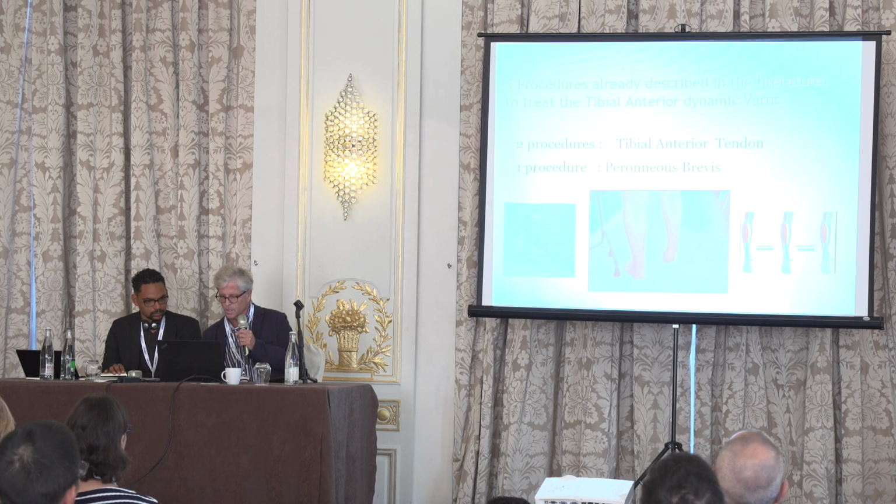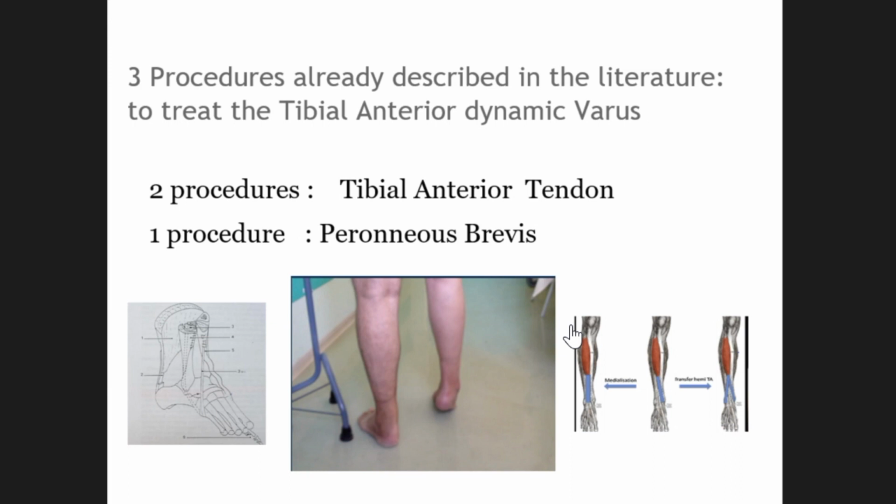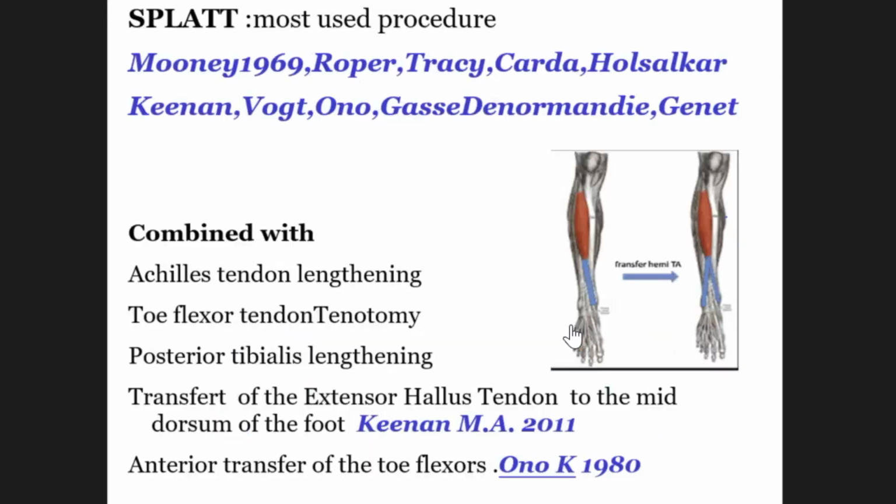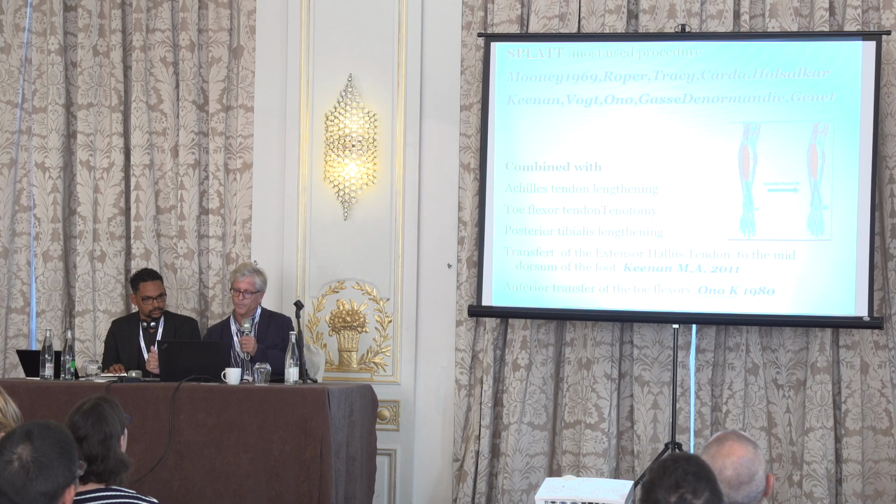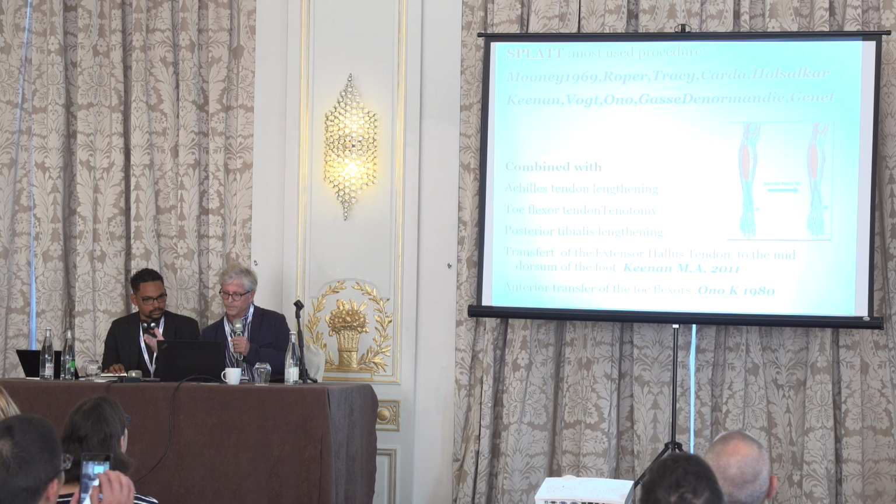So three procedures are already described in the literature to treat the tibial anterior dynamic varus. Two use the tibial anterior tendon, and one uses peroneus brevis. The first, the most used procedure in the world, is the SPLATT, about which Ms. Kinnan has already talked.